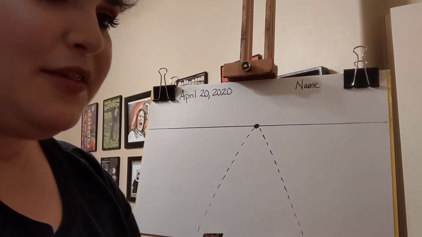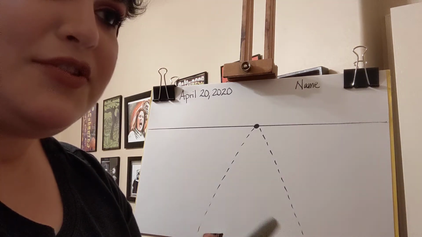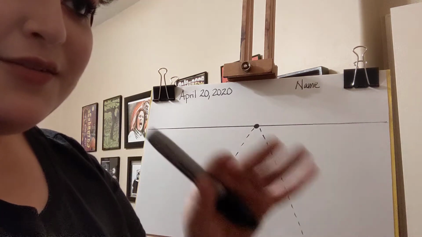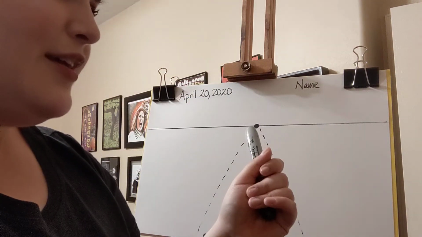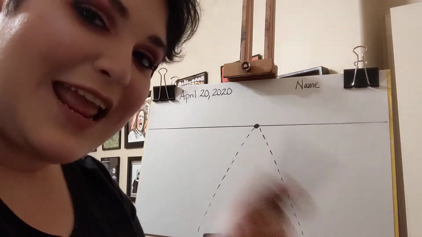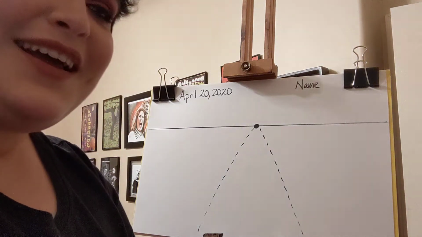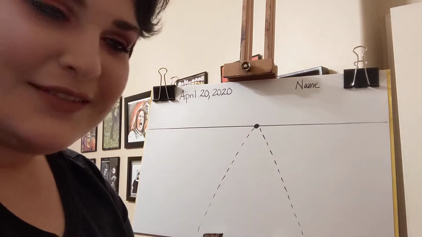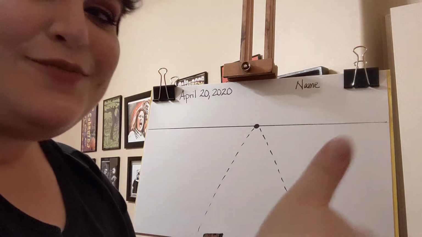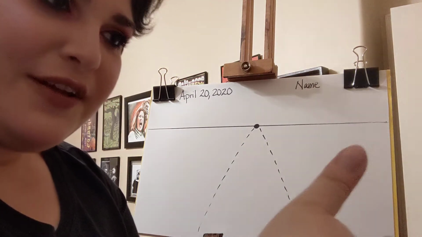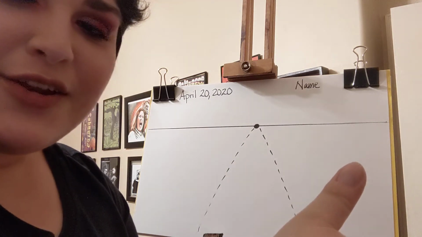And I want there to be a lot of detail in it. If you're going to be doing buildings, I want there to be windows, doors. If you're drawing a store or something, I want to see the name of the store written on there. Any little details that you can remember of these certain places, just put as much detail as you can, and just make a nice little fun drawing.